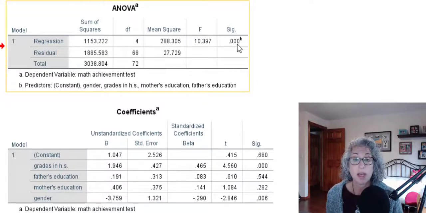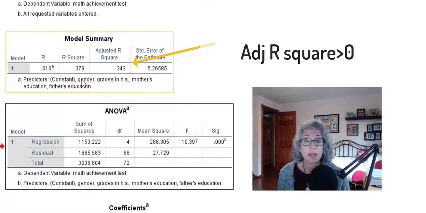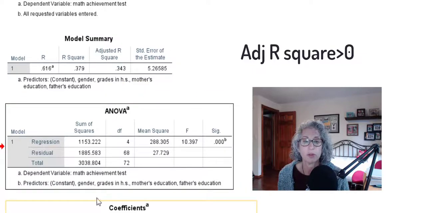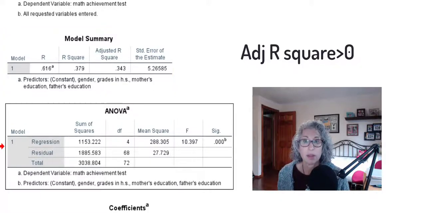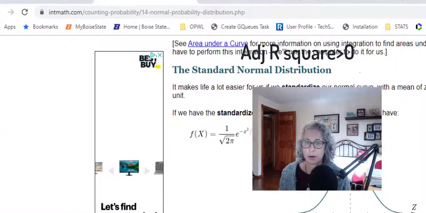And so what we're saying is this R square of 0.343, this is the adjusted since we have multiple variables, is this number significantly different than 0? In other words, if we were to look on our normal curve of data, so I'm just going to pull in here a normal curve.